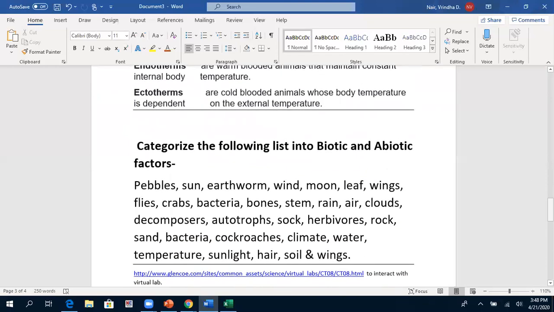Now, I want you guys to categorize these lists into biotic and abiotic. All these terms are here. I need you to categorize each into either biotic or abiotic.